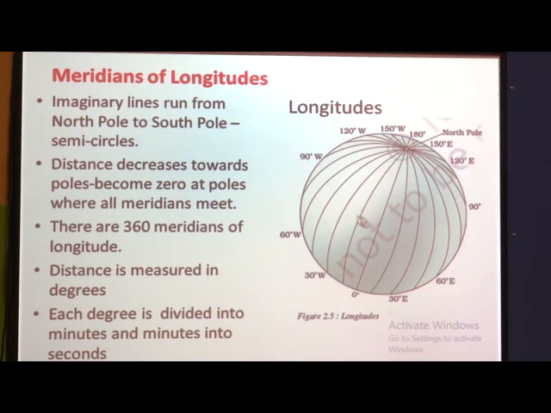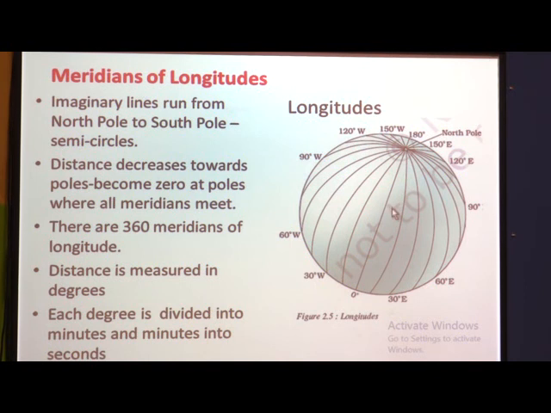Now see children, the distance. The distance decreases towards the poles. When these semicircles go towards the pole, their distance is decreasing. Here the distance is maximum, right? But when they go towards the pole, their distance decreases and they become zero at the poles where all the meridians meet.